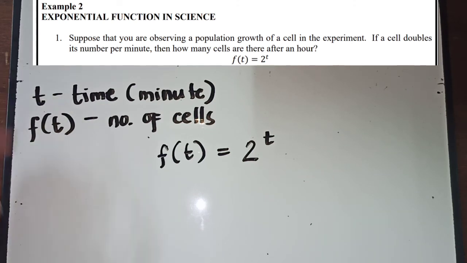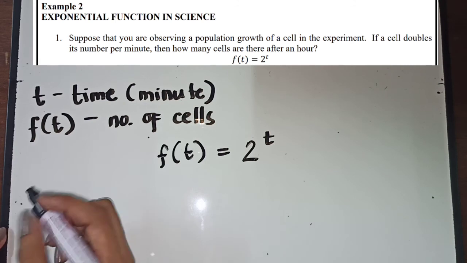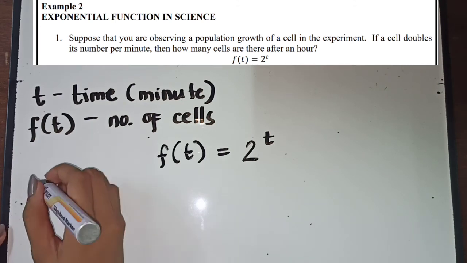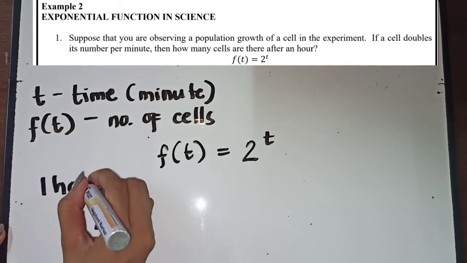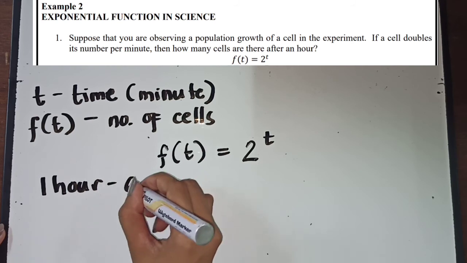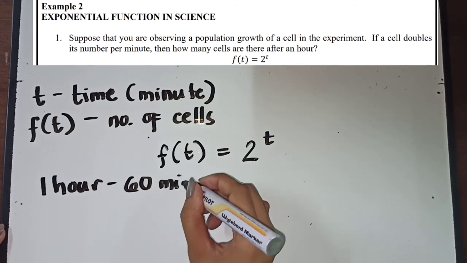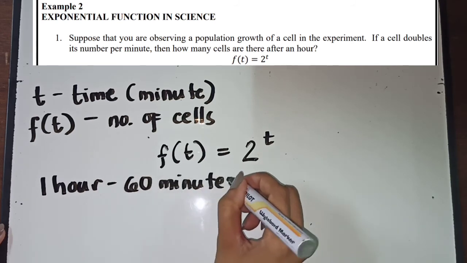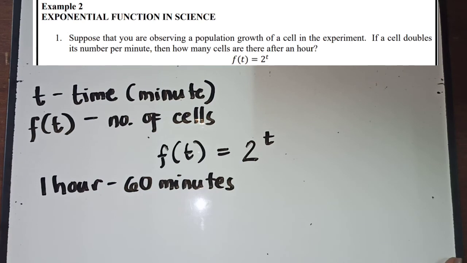Nagdodoble per minute. Therefore, we need to convert this 1 hour into minutes. So this 1 hour is equivalent to 60 minutes. So now, pwede na natin siyang i-substitute.